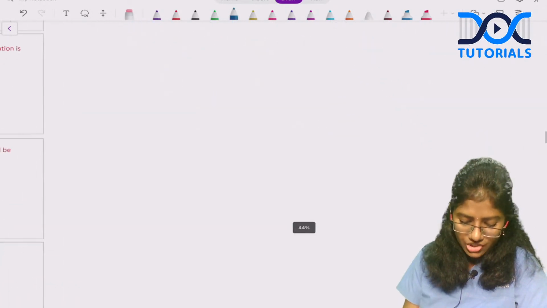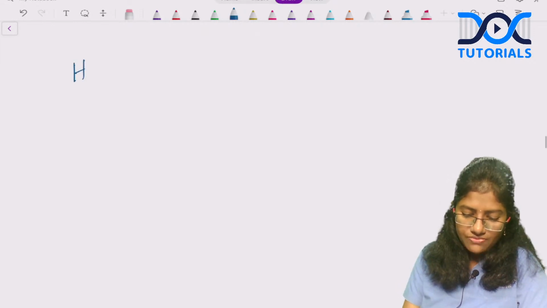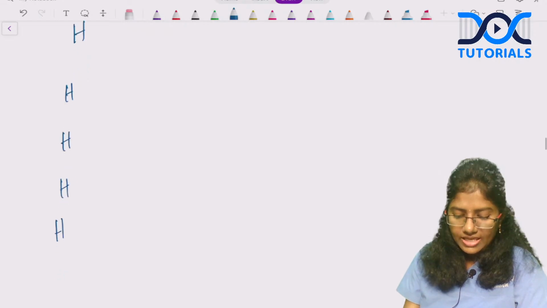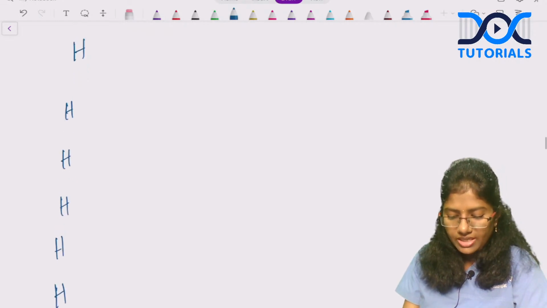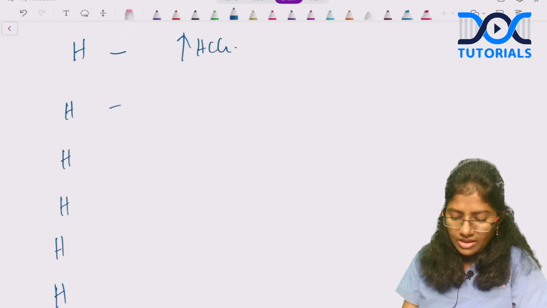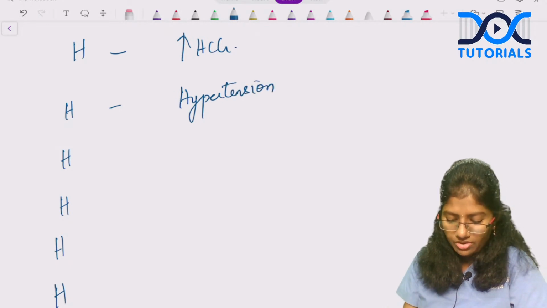6 important H. The first H is for high HCG. The second H is for hypertension because there is more chorionic villi. The third H is for hyperemesis. The fourth H is for hyperthyroidism.